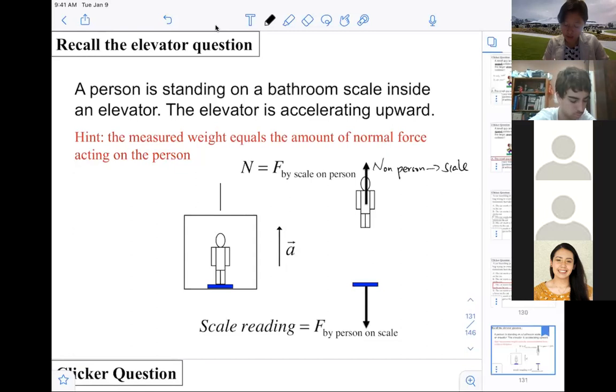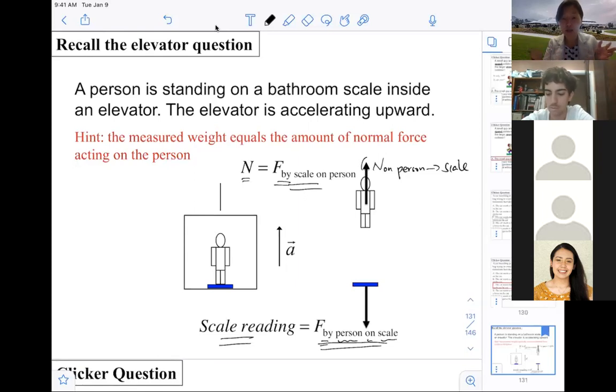So this is a force by the person on the scale. The person is pushing down on the scale, so the scale provides a force back on the person, which is opposite in direction. So that's upward. Normal force is upward. That's why the normal force on the person is the same as your scale reading, because the normal force and the force you push on the scale are an action and reaction pair.